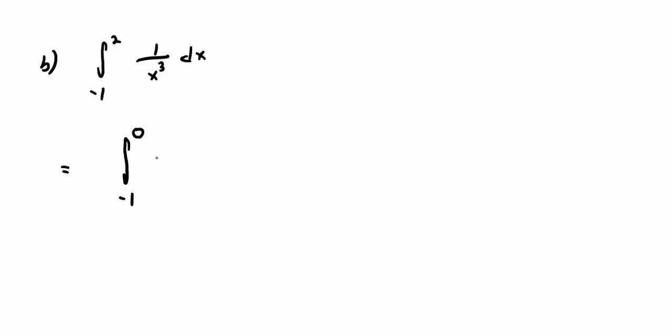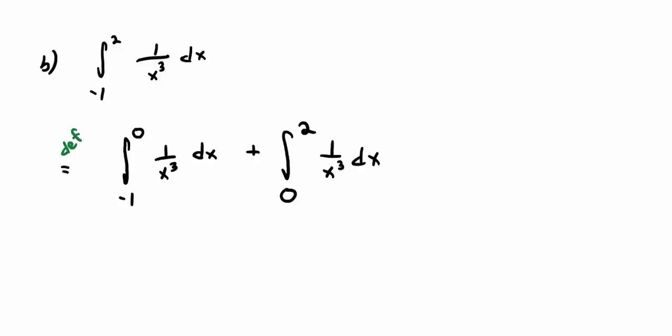And then of 1 over x cubed dx, plus, what would the lower limit in the next one be? 0 to 2 of 1 over x cubed dx. And the idea is this is really a definition. This is how we interpret an improper integral.